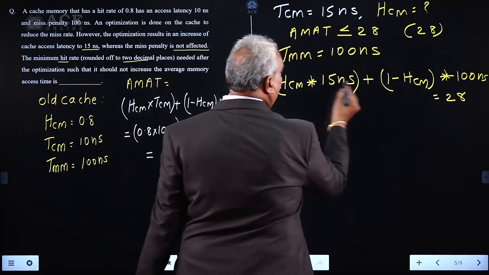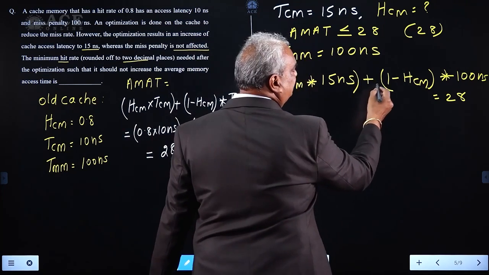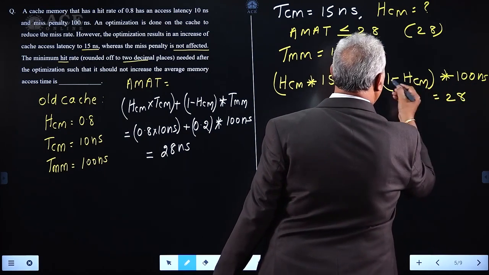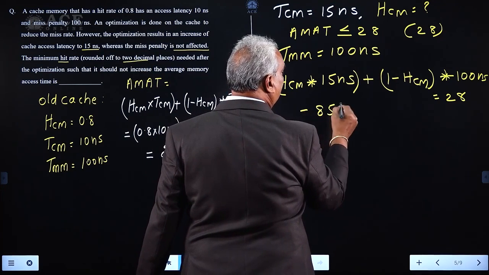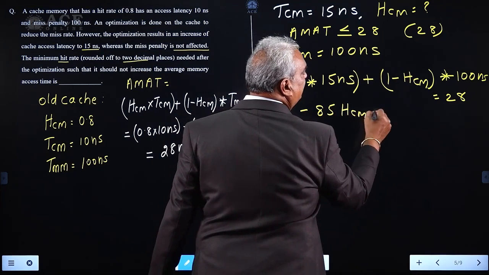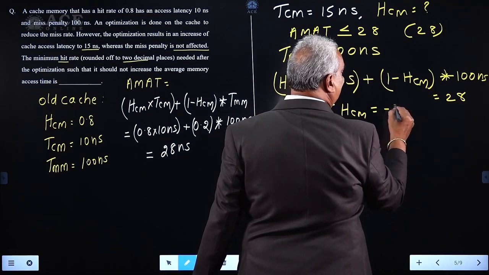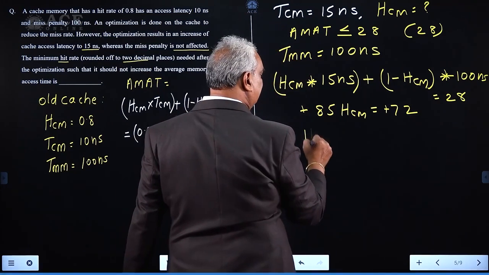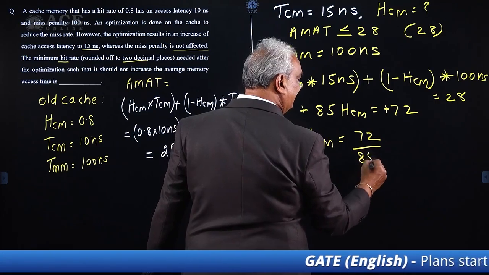Now in this, it is nothing but 15 into HCM plus 1 minus HCM into 100, means 100 minus 100 HCM, means minus 85 HCM. HCM is equal to 28 minus 100, means minus 72. Minus minus get cancelled. So what about HCM here? HCM is nothing but 72 by 85.